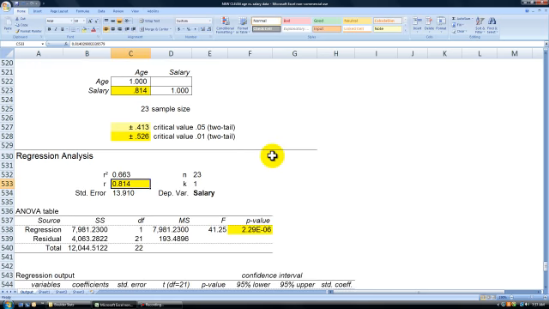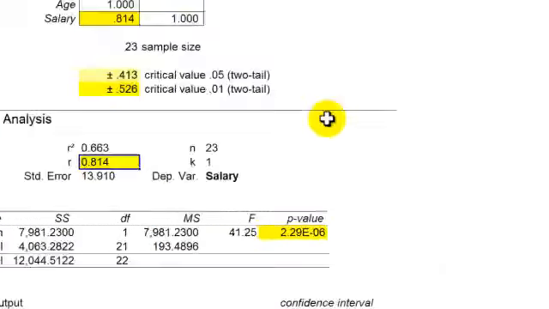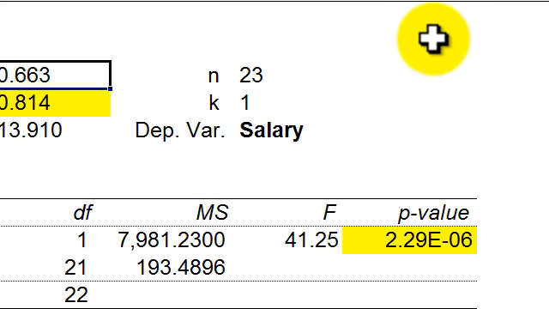But researchers and statisticians actually tend to use R squared more than R. Because R squared, at least in a regression analysis, actually tells us, and this is also on the slides, the amount of variation in Y that is explained by X. So in other words, the amount of variation in salary that is explained by age.